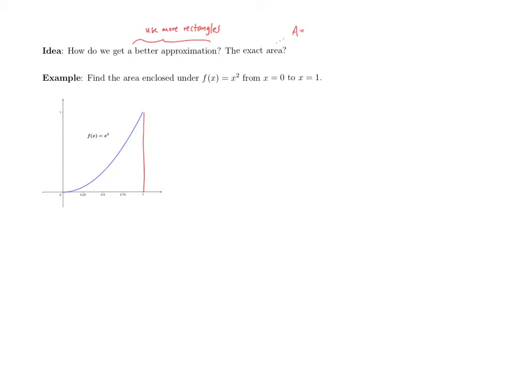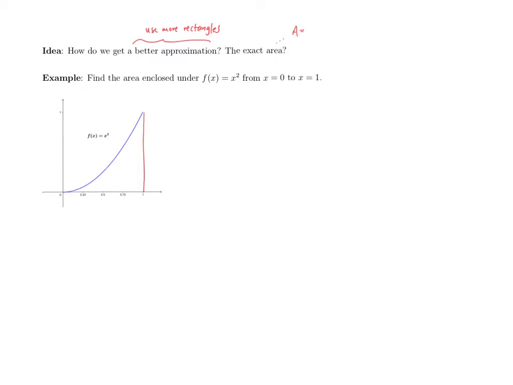And we finished our previous discussion by asking, well, how do we then get a better approximation? And of course you immediately told me we use more rectangles. So naturally we might ask, how do you get the best approximation? That is, what is the exact enclosed area?